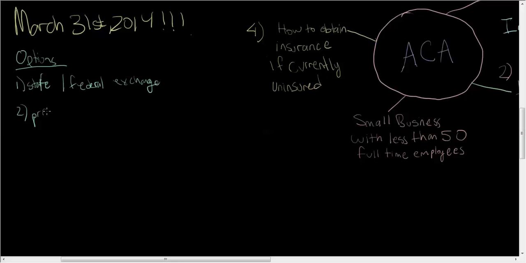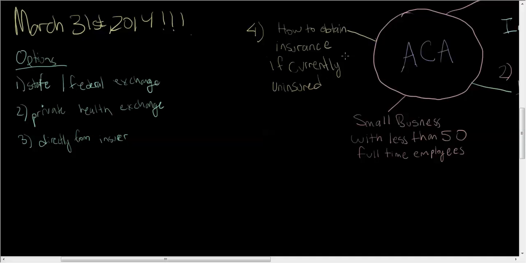The private health exchange. And the third is directly from the insurer. Okay. So your best bet is probably with number 1, the state/federal exchange.